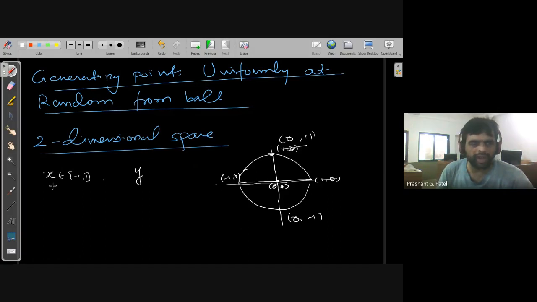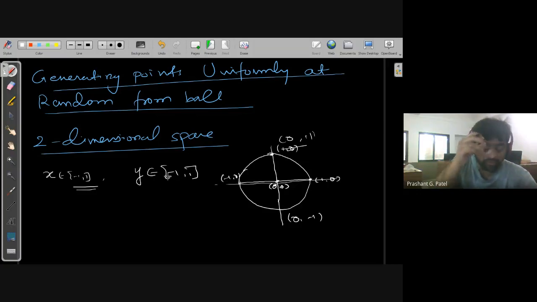So if you pick your x independently, generate a coordinate uniformly at random from the interval -1 to 1. It is easy to generate a uniformly distributed number between -1 and 1; that we can easily do. Similarly, if I generate y also uniformly in the interval -1 to 1, then what will happen?